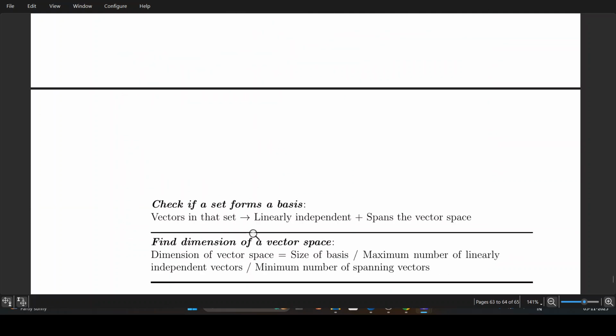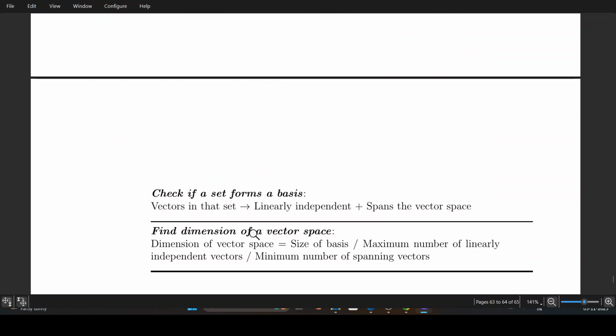Moving further, to check if a set forms a basis or not. So as we discussed before, take the same example, right? 1 0 and 0 1. So how did I know that it forms a basis over R2? Firstly, the vectors in that set are linearly independent and they span R2.